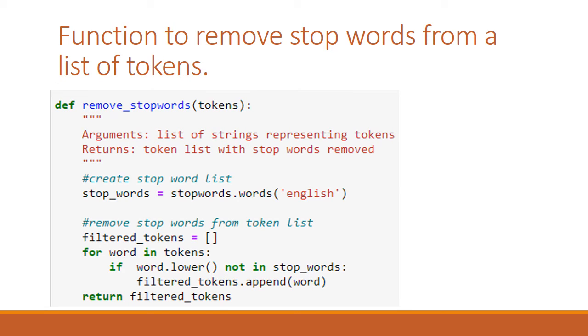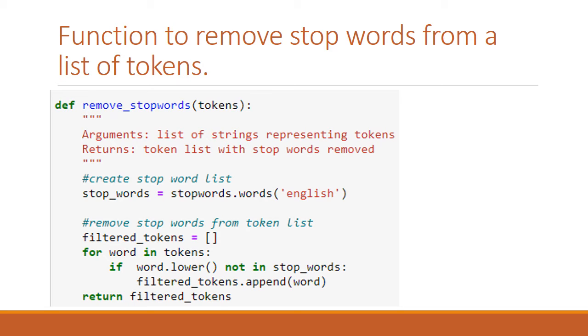Now we're going to create a filtered tokens list. We initialize it to the empty list. Then for each word in our tokens list, we're going to check to see if it's a stop word. And if it's not a stop word, we're going to add it to our filtered tokens list. So for each word in tokens, if word.lower is not in stop words, then append it to filtered tokens.